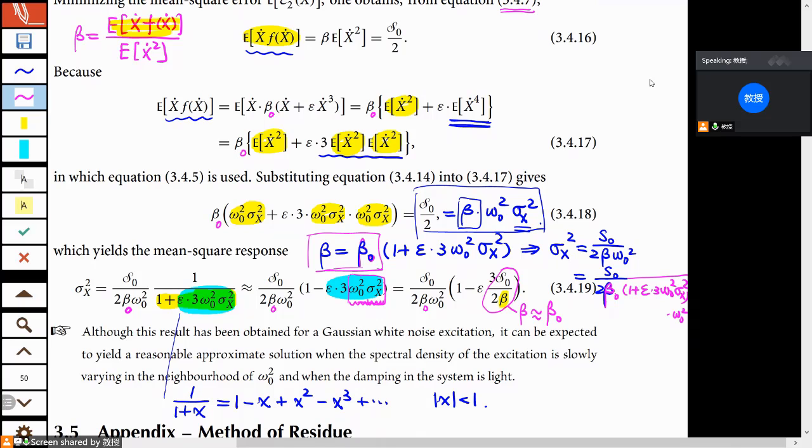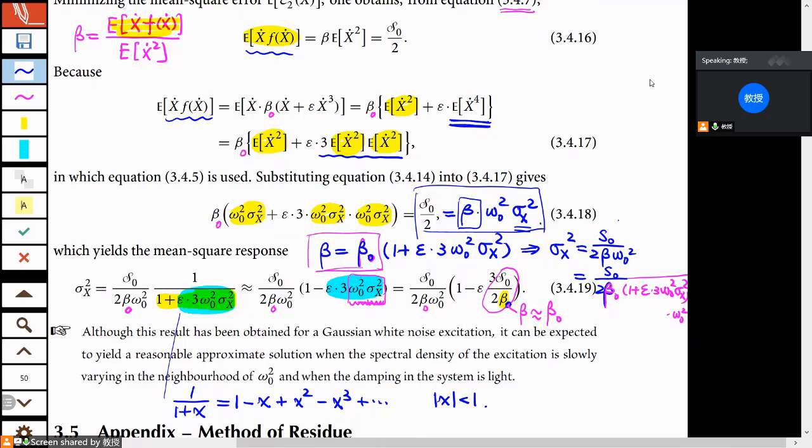So if you use only the first term, that's what you have. Basically, you can replace this by beta 0. Sorry about all these changes.